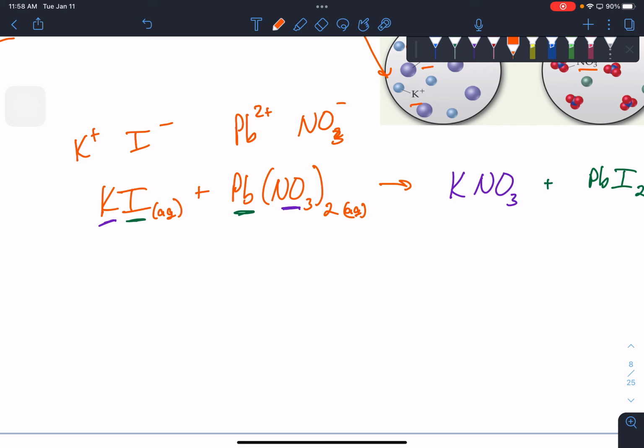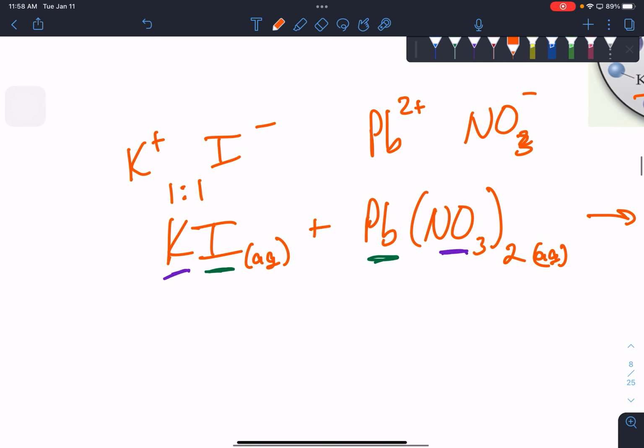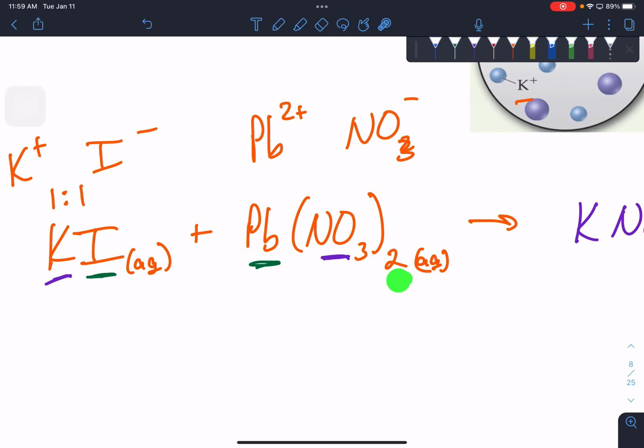So why did I do a 1-to-1 ratio here between the potassium and the iodine? Well, that was the simplest ratio that I could bring these two together, so that +1, grab your calculator, 1 + 1 - 1 equals 0. You're always after that 0 overall charge for the salt formula. Why do I have 2 here?